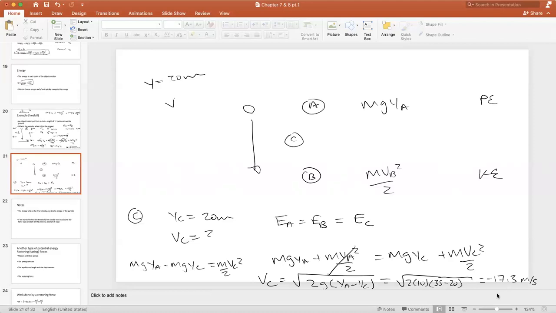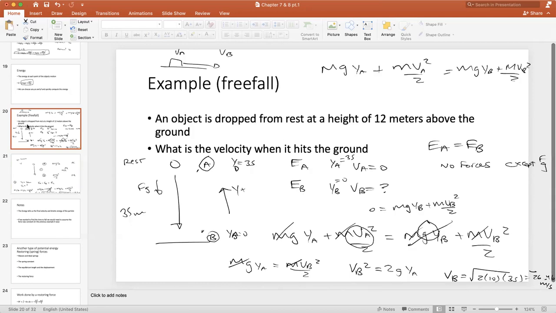So we can find our velocity or our potential energy anywhere we want. Once we know A, we know the energy everywhere because the energy is always equal to the energy at A, which happens to only be potential energy. Here it has some potential energy, which is mgyc.